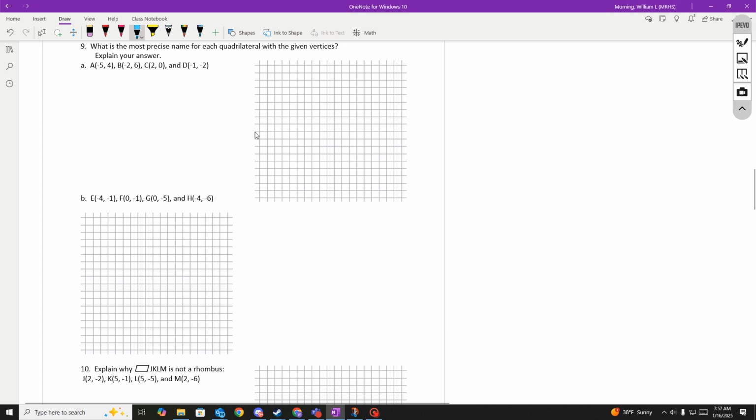All right, what is the most precise name for each quadrilateral with the given vertices? Explain your answer. Okay, this is going to be a little bit tougher. So it's not even labeled. Okay, so negative 5, 4.